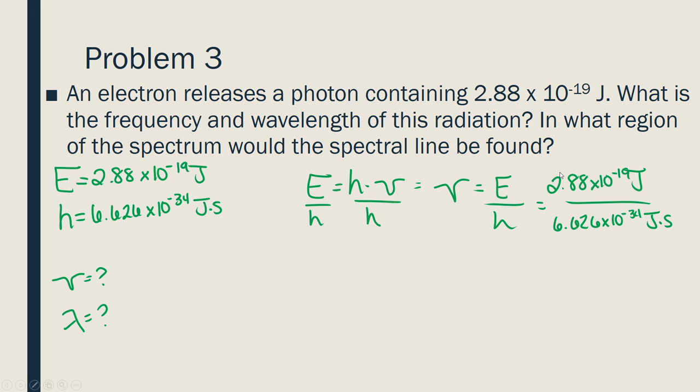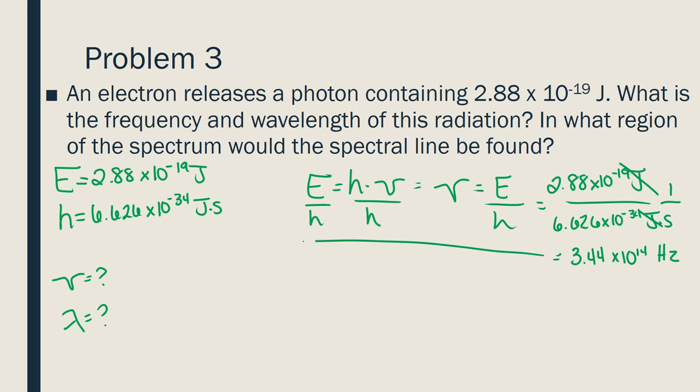We can divide this out and get 3 significant figures. When we do that division step, we get 3.44 times 10 to the 14th. We are finding frequency, joules cancels, and we are left with 1 over a second, or a hertz.